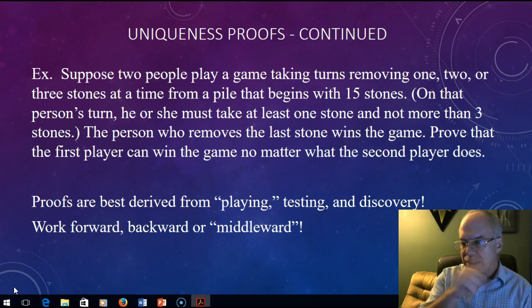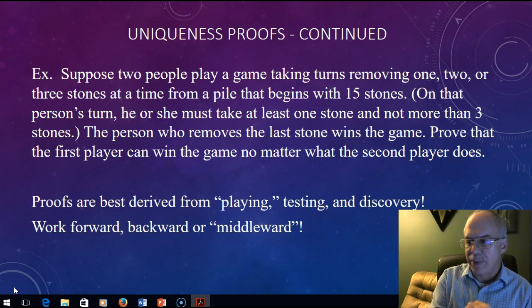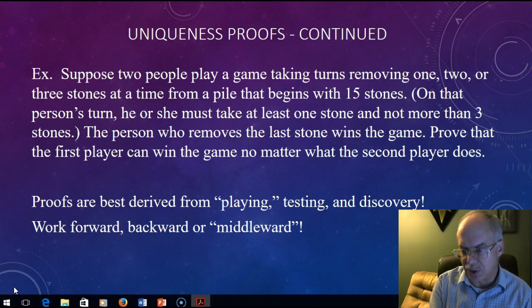No matter what the next person does, as long as you pick stones to leave a multiple of 4 again, it forces you to win. All right, so let me explain that. So the first person, like I said, is the guy trying to win. He picks 3, so now there's 12 stones.